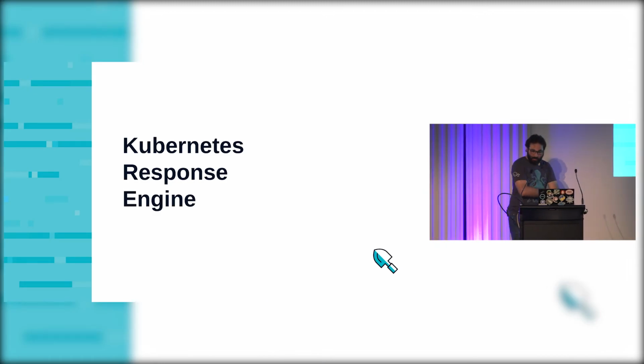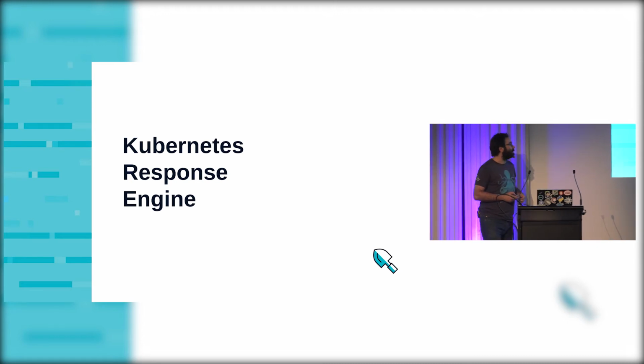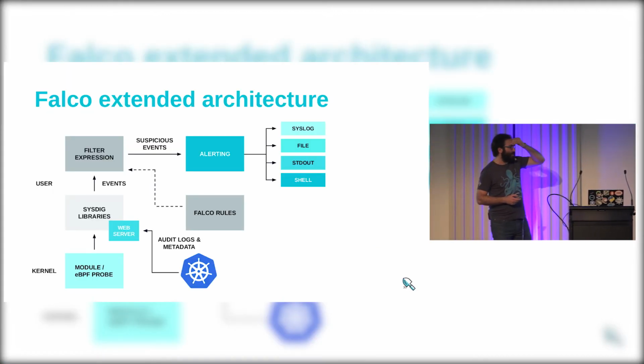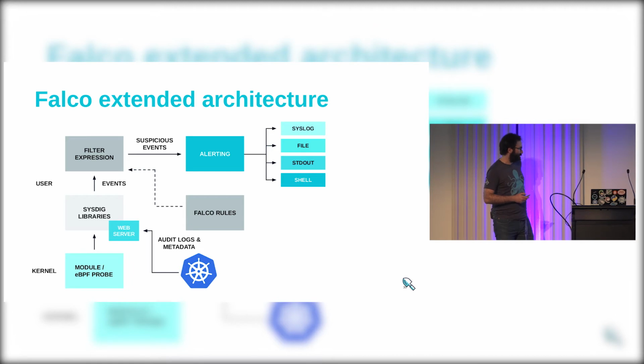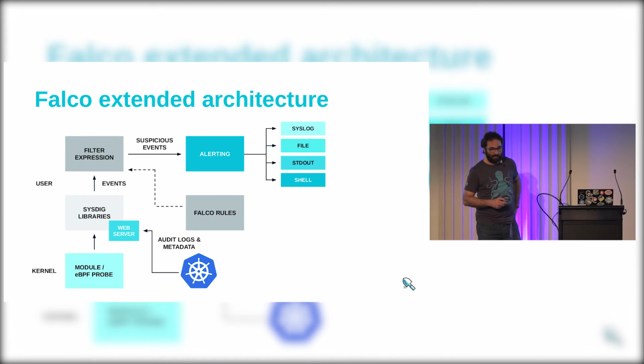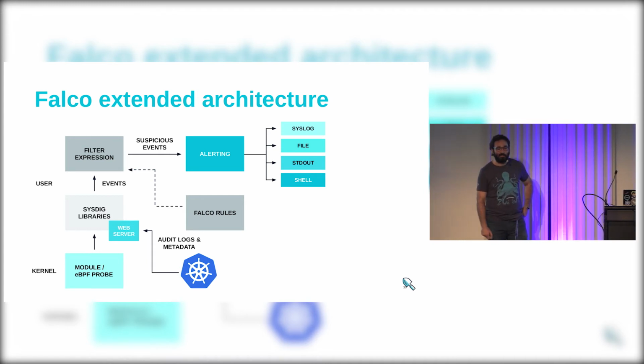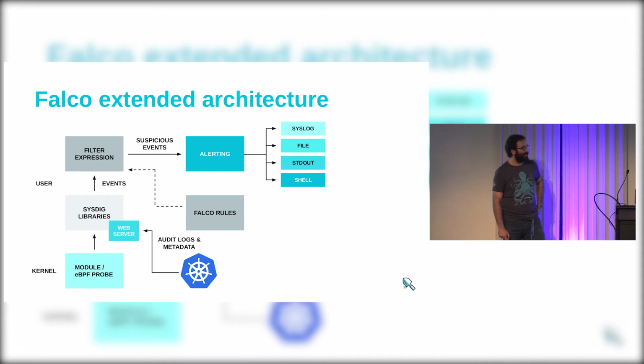And finally, I'm going to talk about the response engine. Falco is doing a pretty good job detecting things at runtime. But what about the next step? You are going to have some people looking at the logs directly, and that doesn't work.